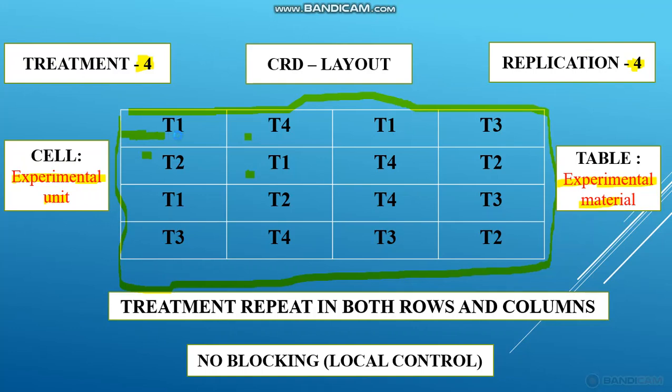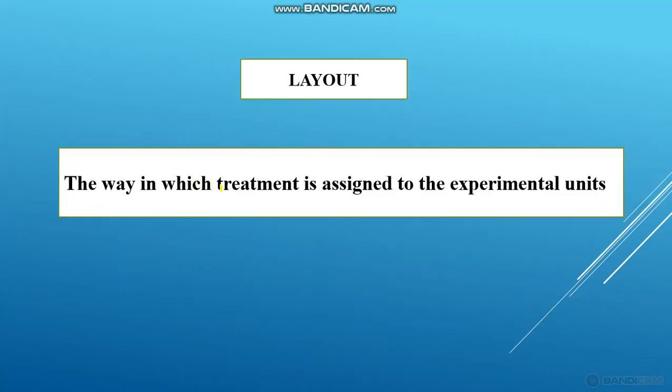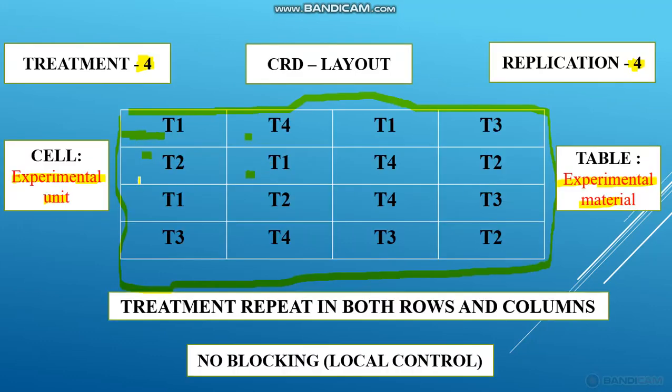So layout means the way in which the treatment is assigned to the experimental units. Here the table is the experimental material and the cell is the experimental unit, and in this only we will assign the treatment.